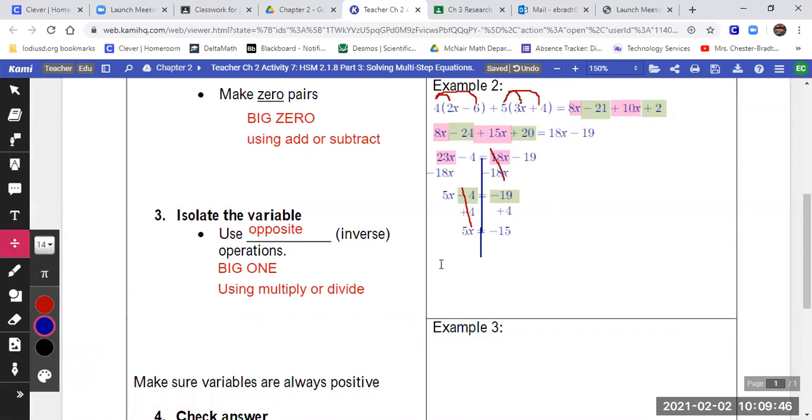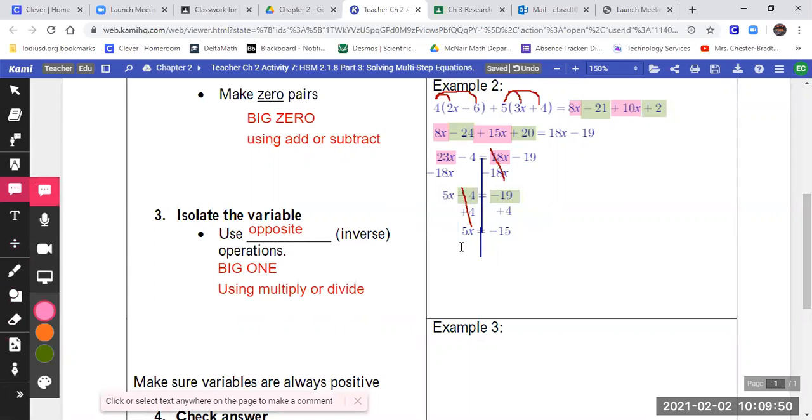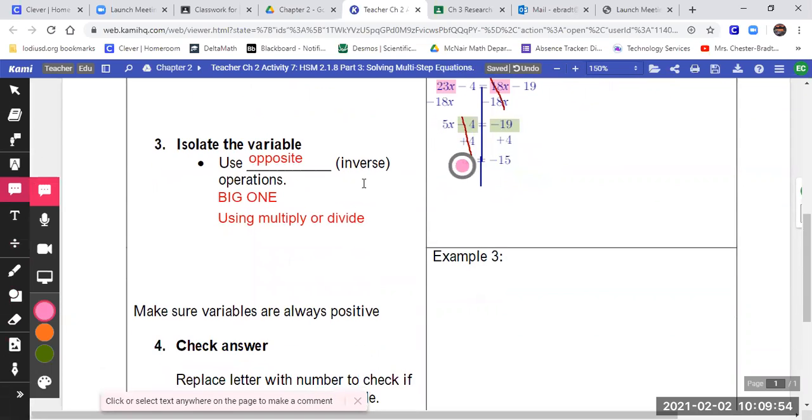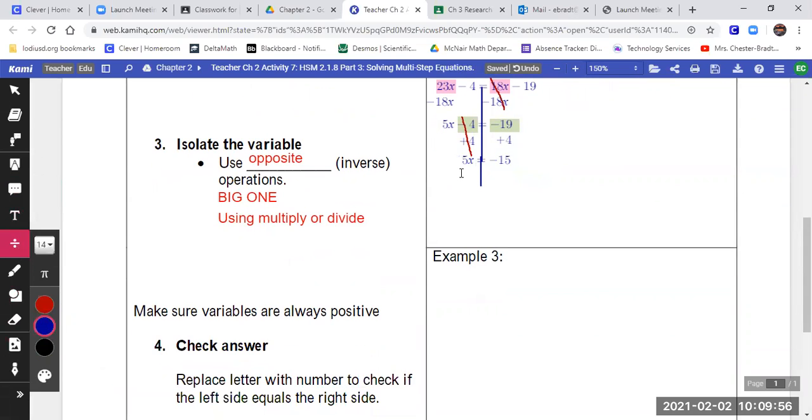We don't want the 5 there. So we have to take 5x divided by 5, the 5x divided by the 5 has to equal the negative 15 divided by the 5. I made a big one.